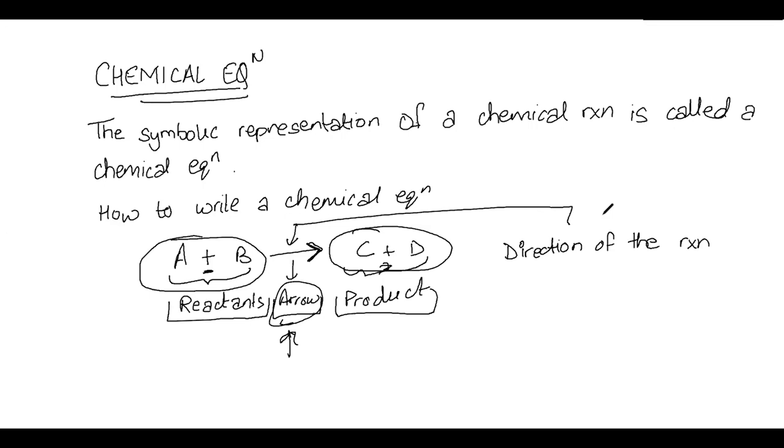Now coming to your question, what is an exothermic equation? An exothermic equation is that chemical equation where we have heat on the product side. Where heat is present on the product side, it is exothermic, that is, heat as product.